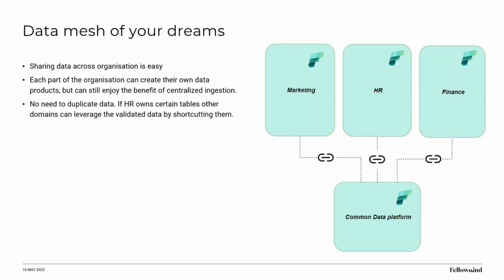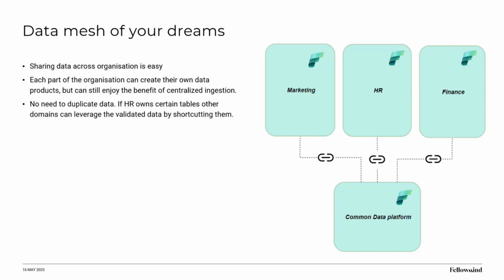So here's one hybrid structure where you can still have this domain thinking, but you still will have this common data platform where all the hard work is done. The common data platform handles all the loads and some basic transformations, and then marketing, HR, finance, and whatever department you choose can shortcut from this common place and create their own data products on top of that, and why not shortcut from each other as well.